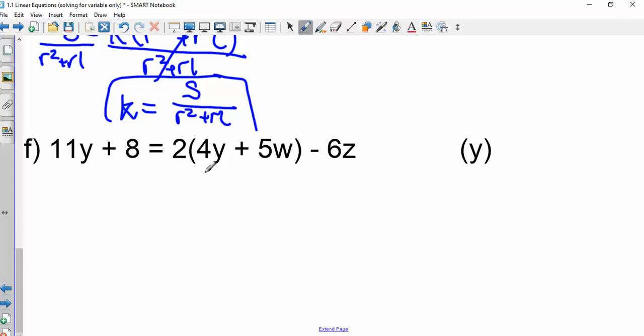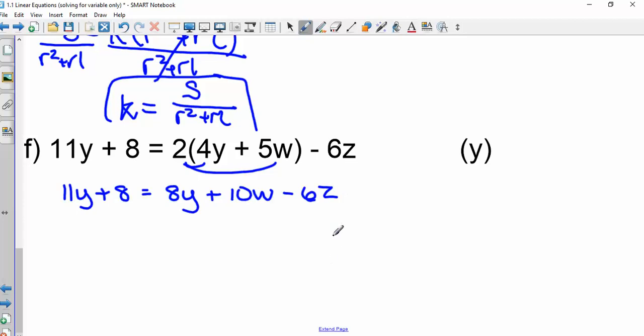Yeah, a couple different places we can start, but we might as well get rid of this parentheses. So distribute the 2. So we have 11y plus 8 equals 8y plus 10w minus 60.